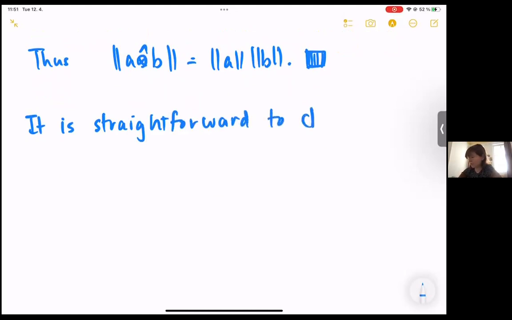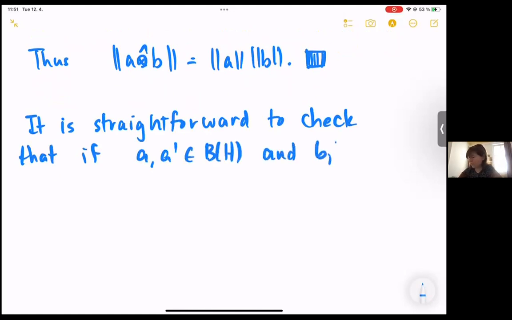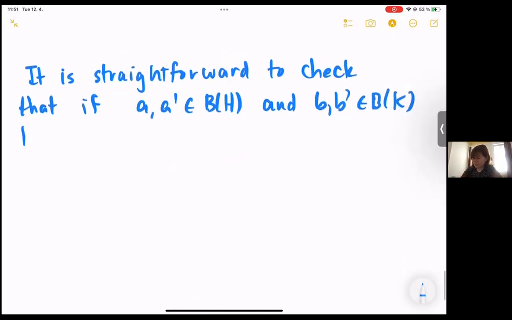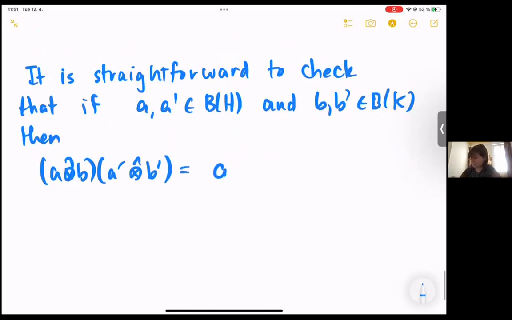So we can check that if we have an A prime in B(H) and B prime in B(K), then we can define their multiplying A tensor hat B to A prime tensor hat B prime in the obvious way gives us another bounded operator.